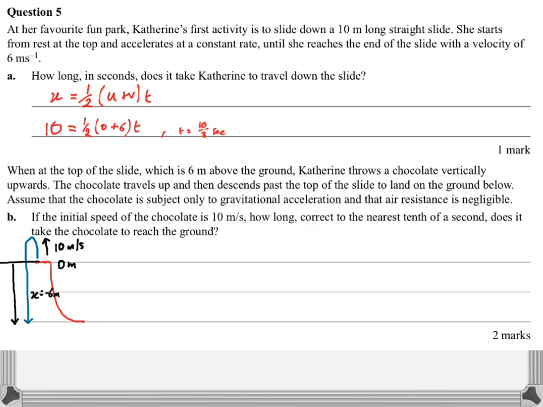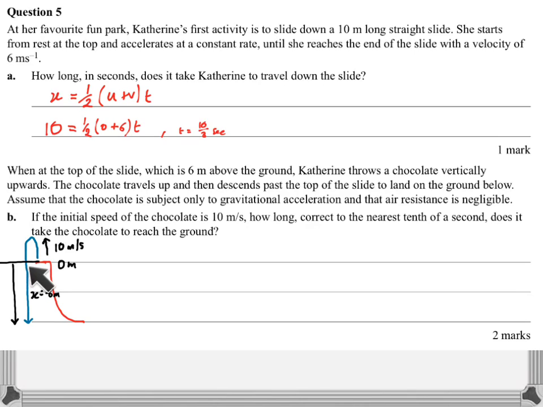And then going down below this line, you've got to think in vectors, because we've got a displacement going on here. We've got a displacement of negative 6 meters, because you've got to think about what that chocolate is doing. The chocolate is going up, up to some maximum height and then down, back to this zero location.